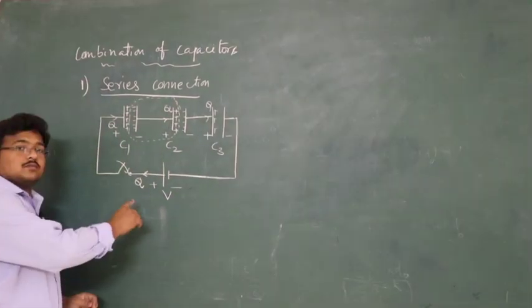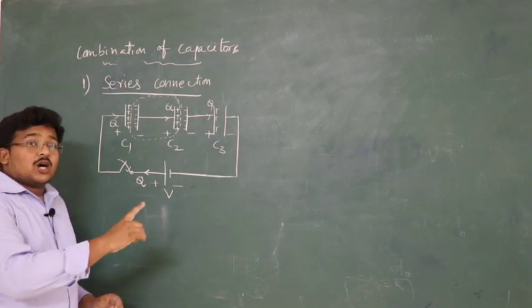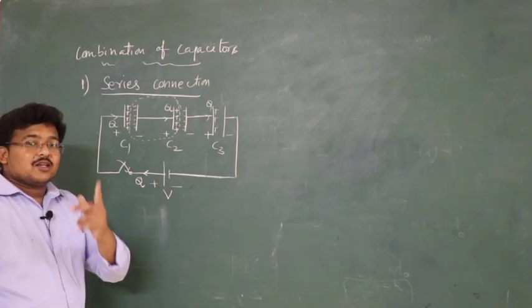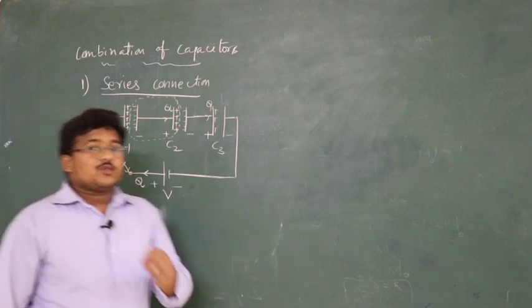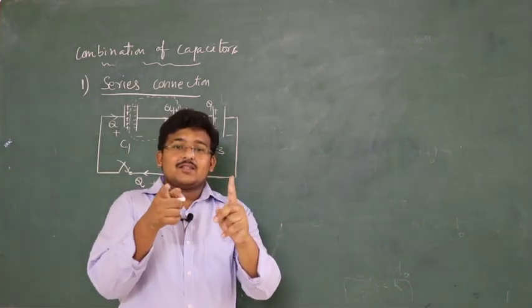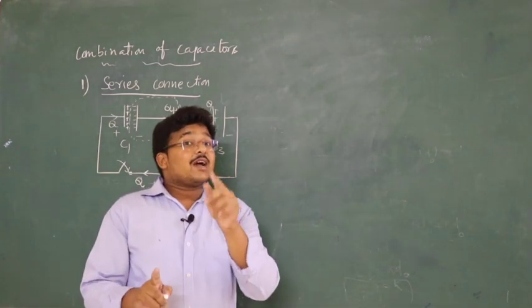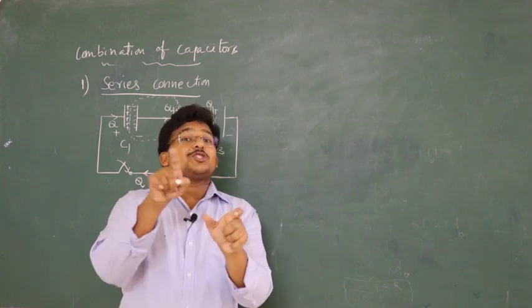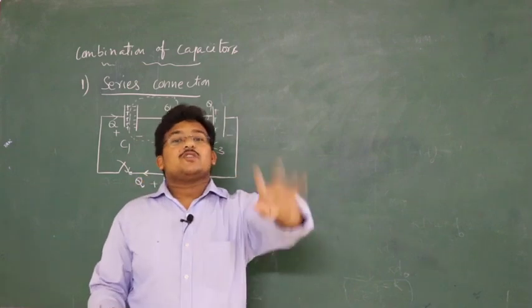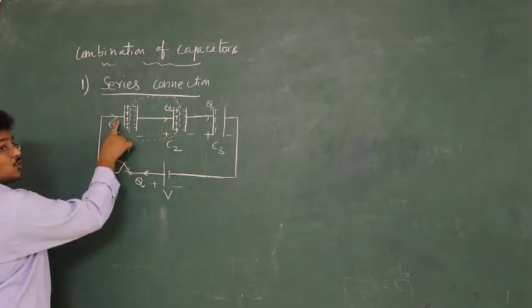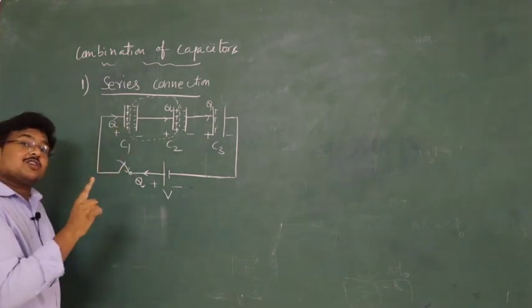So the charge on each plate of each capacitor is Q. You know that if it is plus and minus, the total charge is 0, but conventionally we can take the positive charge as the charge of the capacitor. Here plus Q and minus Q are there, but what is the charge of the capacitor?